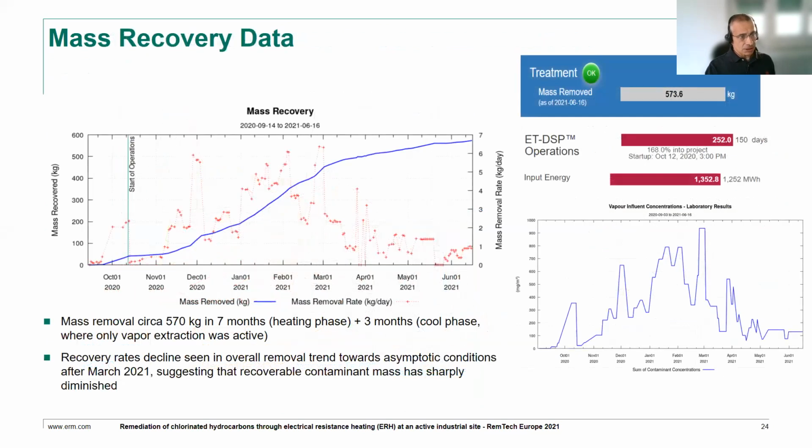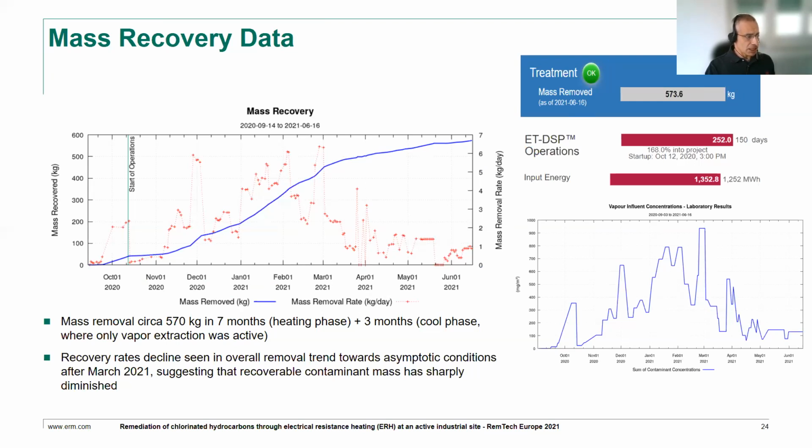Here you can see the recovery graph. That shows the time frame of the project, so during the heating, and the curve of recovery compared to the rate, so the recovery mass rate during.